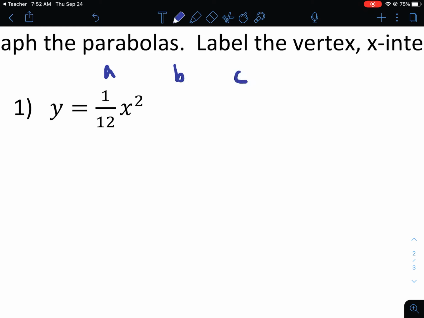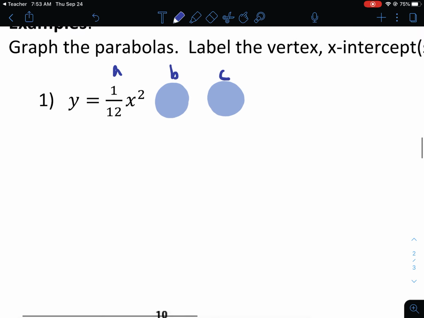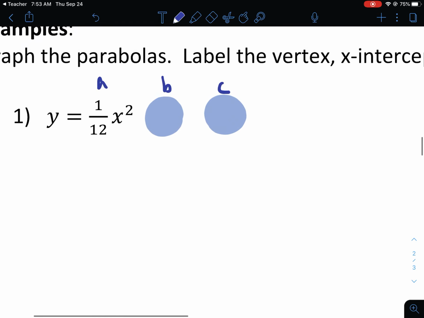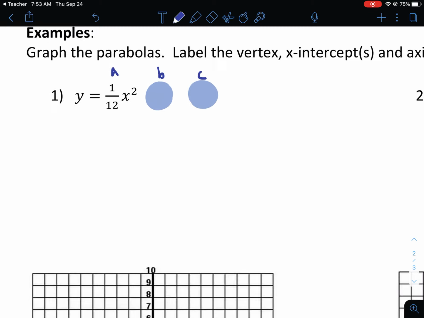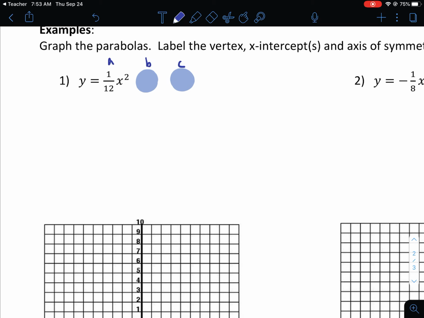But what we notice with these is there is no b and there is no c. If the equation looks like this, then it's not necessary to put it into vertex form. If you just have an a, it's not necessary to put it in vertex form, because what this tells you, if there is no b and there's no c, you know that the vertex is going to be the origin.